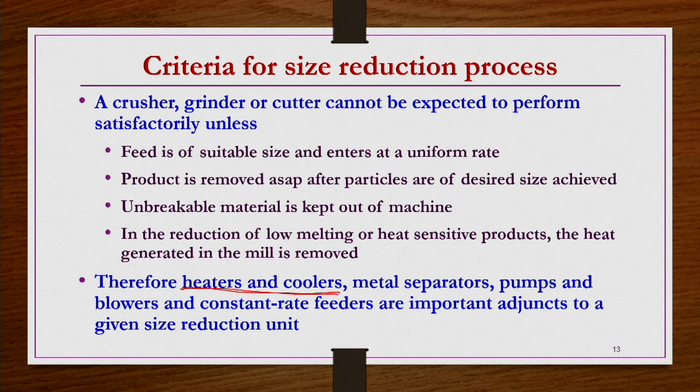If you want to keep the feed free from unbreakable materials such as metals, metal separators are a good adjunct for these size reduction equipments. And definitely pumps and blowers, we have already seen that several types of pumps and blowers are involved in size reduction equipment. Constant rate feeders are also very essential in order to have these machines performing satisfactorily.